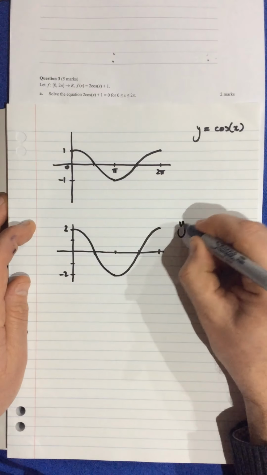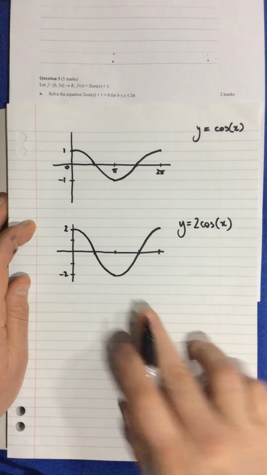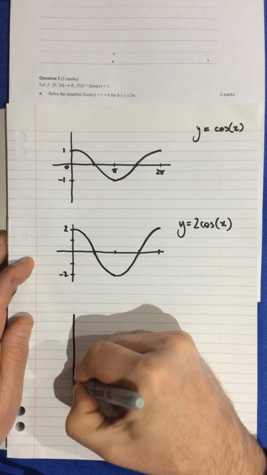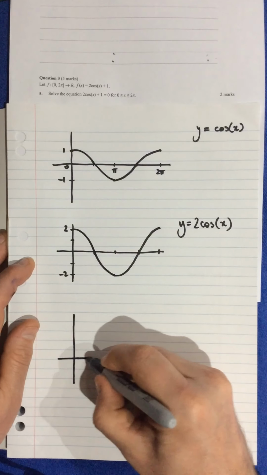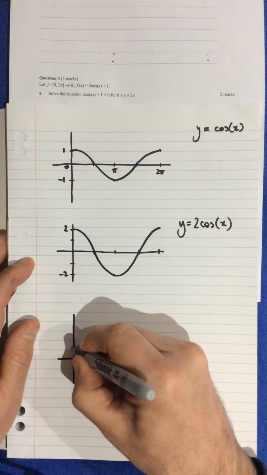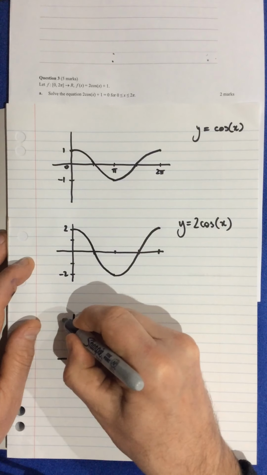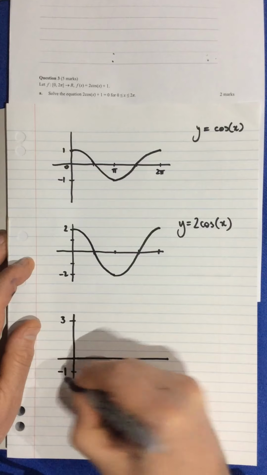So that's y equals 2 cos of x. And then that whole graph has been shifted vertically, 1 space up. So instead of going from 2 to -2, we're going to go from 3 to -1.